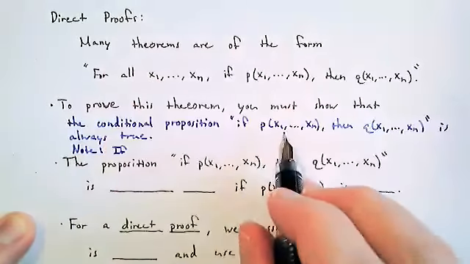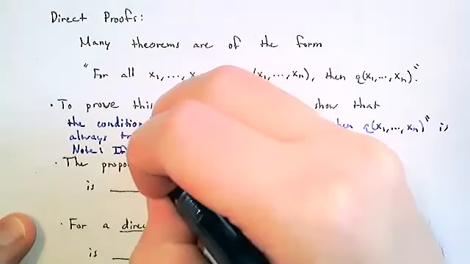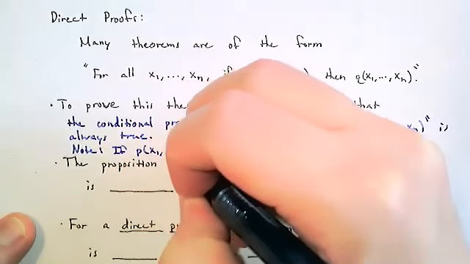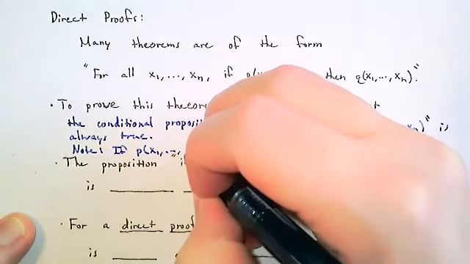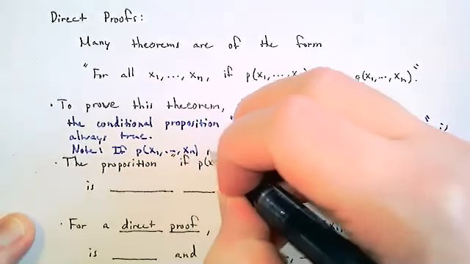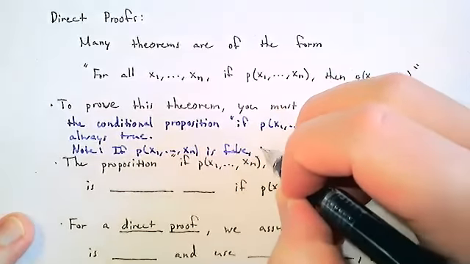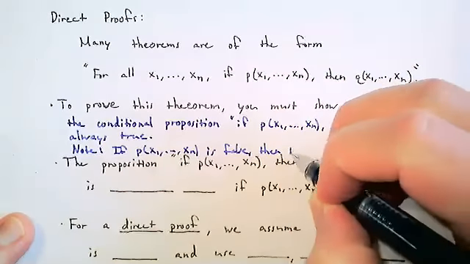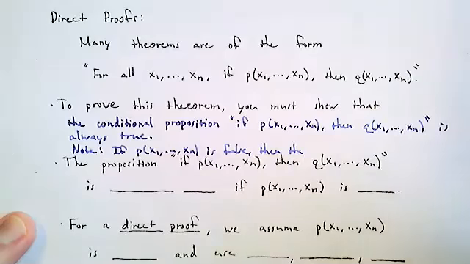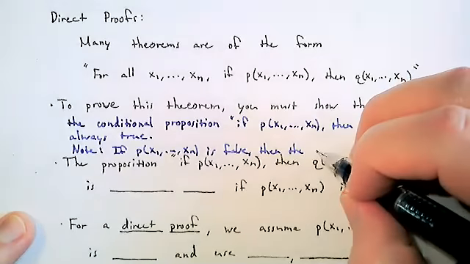So if the first part, the P functional proposition, is false, then the conditional proposition is vacuously true.